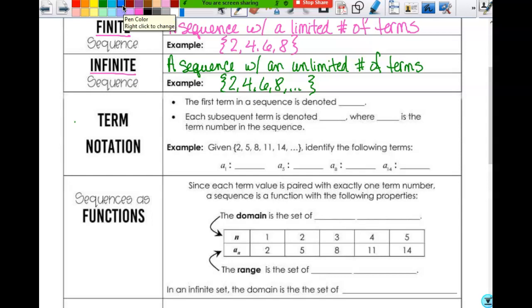So your first term in the sequence is denoted by a sub 1. Then each subsequent term is denoted as a sub n plus 1, where n plus 1 is the term number in the sequence.